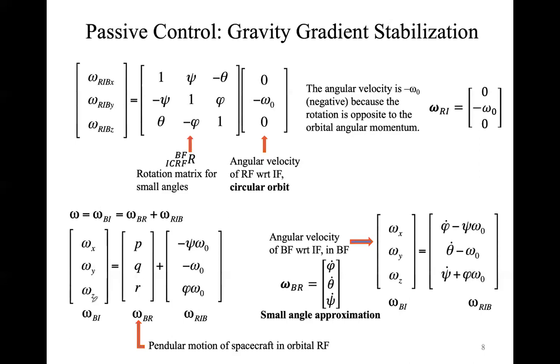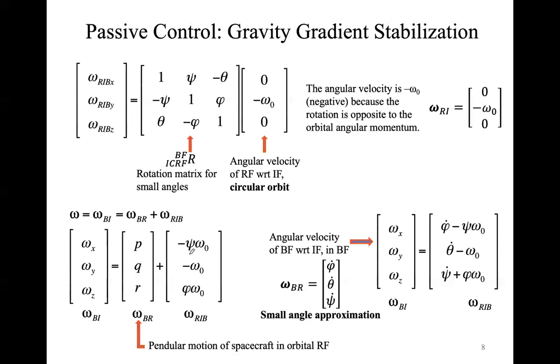What you can see here is that the omega of the body frame with respect to the inertial reference frame is equal to the sum of this vector and the second vector, given by the product of that particular angular velocity and the rotation matrix that is defined here.